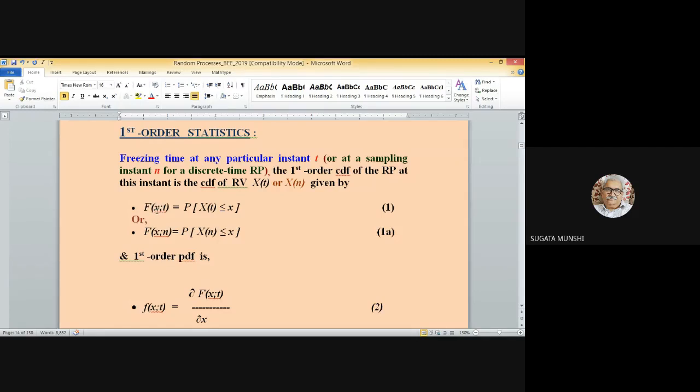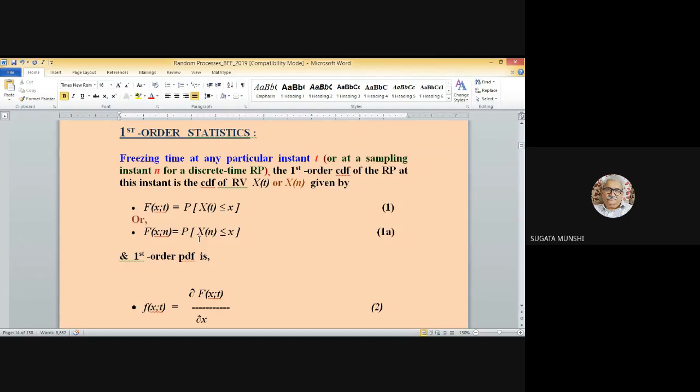You know that the cumulative distribution function represents the probability that the random variable is less than or equal to small x. So this is also the expression for the cumulative distribution function. 1a is the expression for a random process when it is a continuous amplitude discrete time random process.